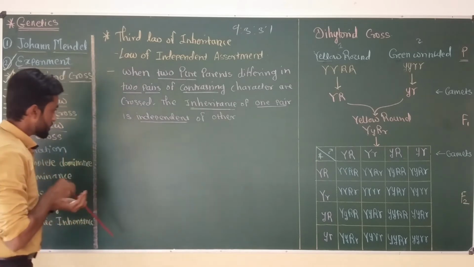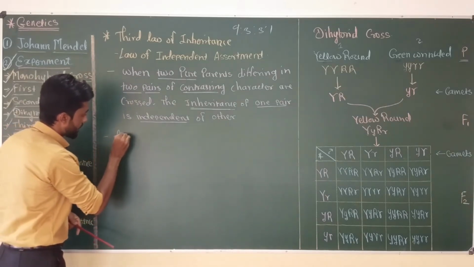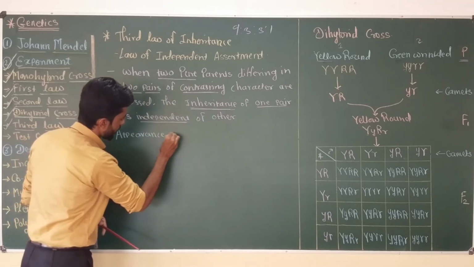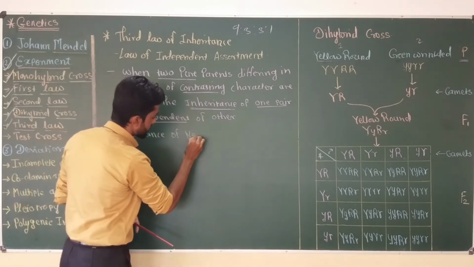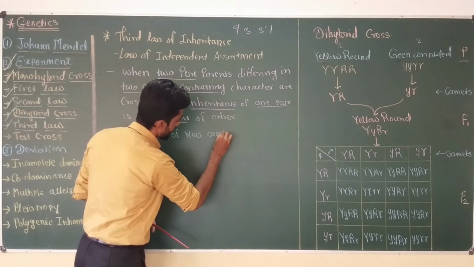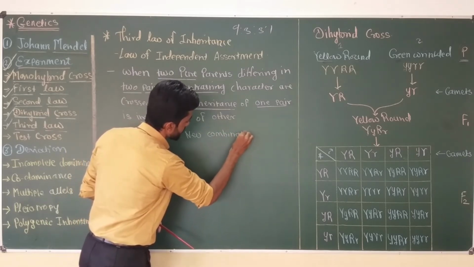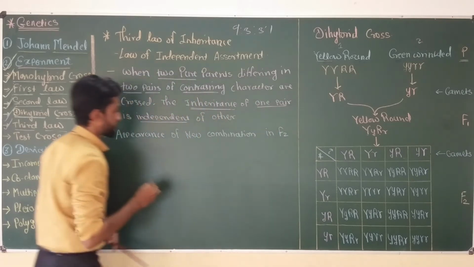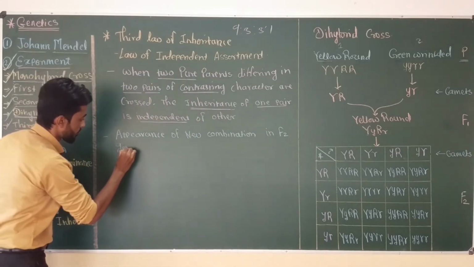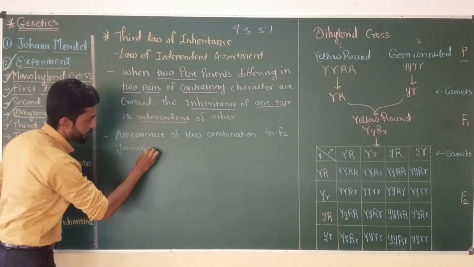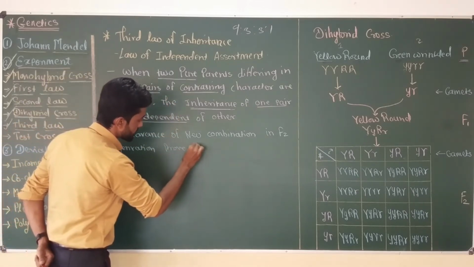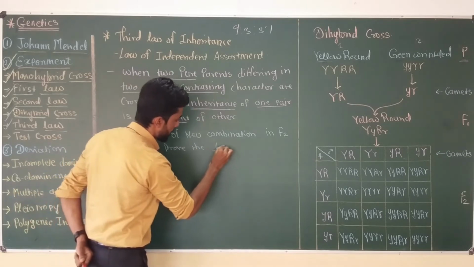Okay, so the appearance of new combinations in F2 generation in dihybrid cross proves the law.